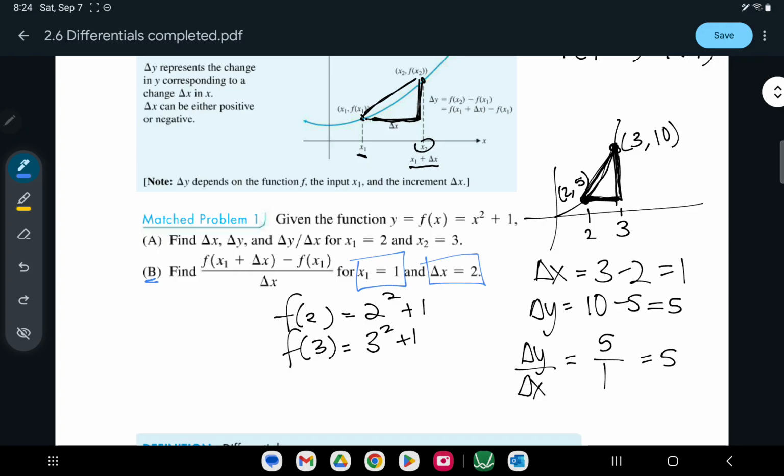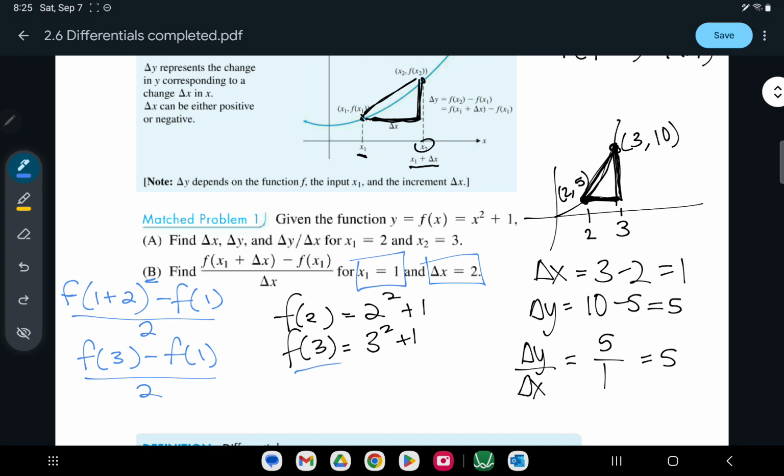Our change in x is 2. So f of x1 and my change minus f of x1 all over my change in x. So really, that's f of 3 minus f of 1 all over 2.